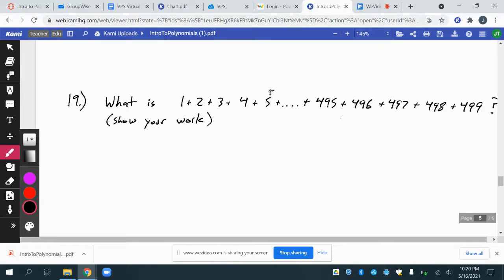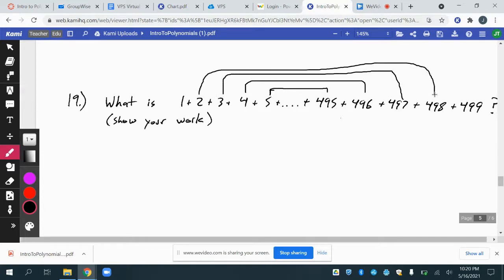So if I add 5 and 495, 4, 496, 3, 497, 2, 498, 1, 499, they all make 500. So the question really is, how many 500s can I make?